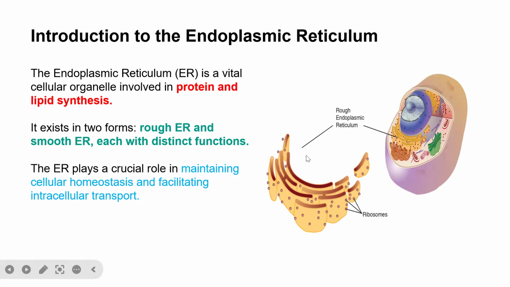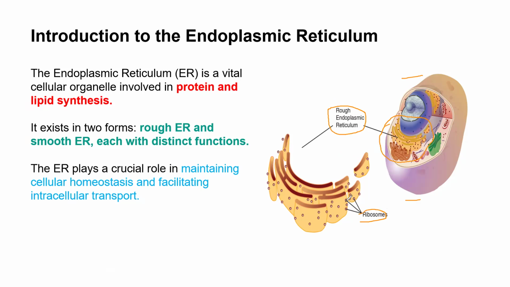As we can see, this is the cell, an entire cell. And in this entire cell, we have the endoplasmic reticulum here. Of course, here specifically it is rough endoplasmic reticulum. As you can see, the rough endoplasmic reticulum has ribosomes attached to it.